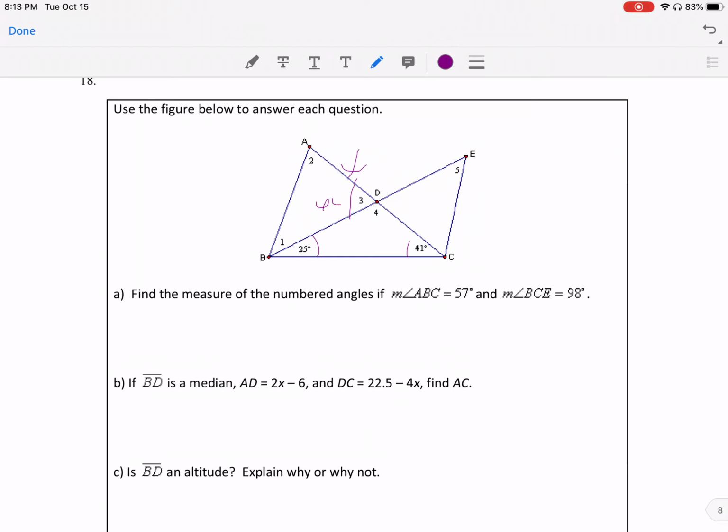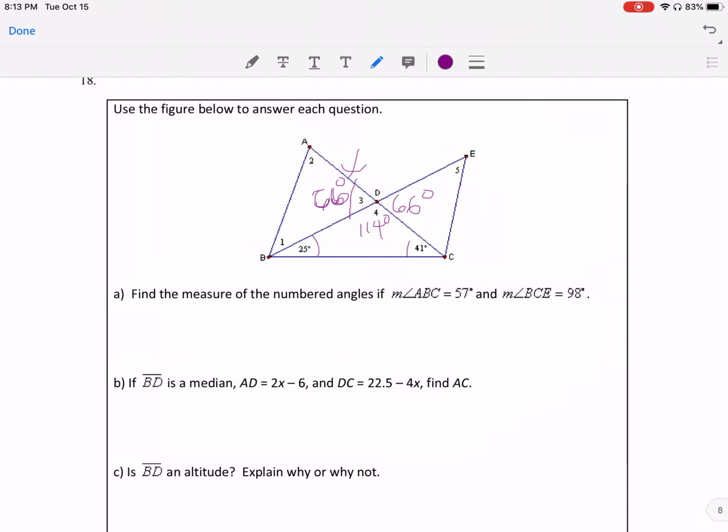So I know that this is 66 degrees. Which means that this angle right here is 66 degrees because they're vertical angles. That also tells me that angle 4 is 114 degrees, because it's subtracted from 180.